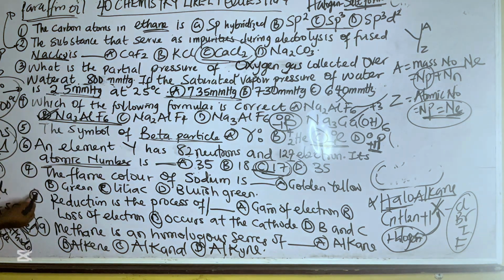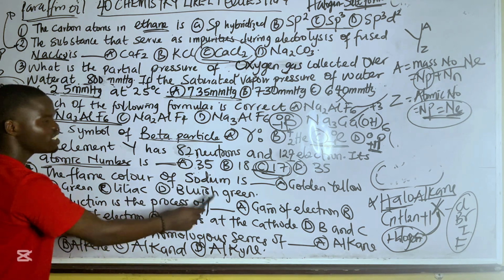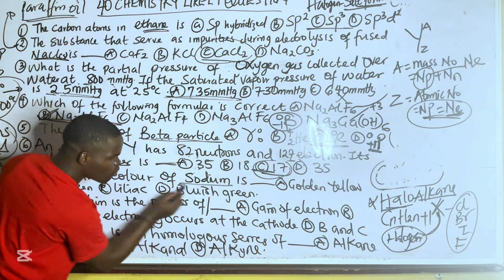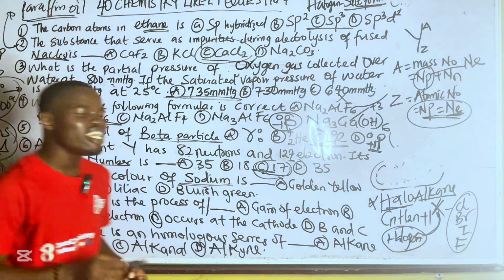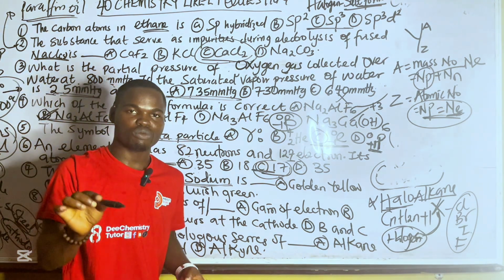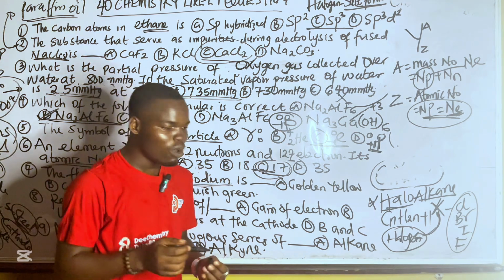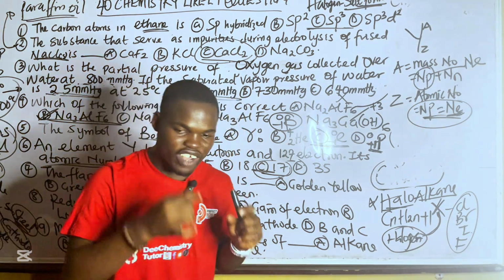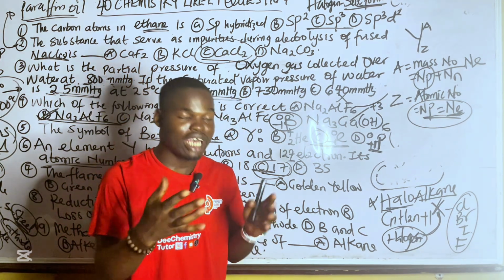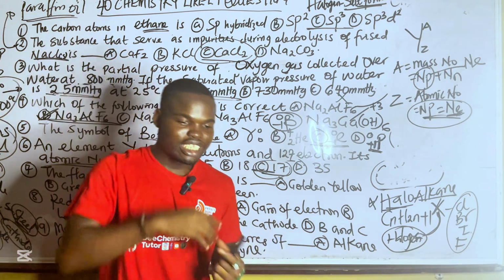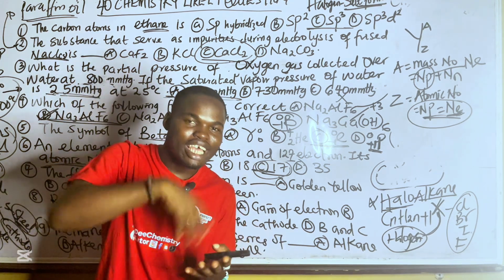Now, this is under metals and their compounds. Flame test. The flame color of sodium is dash. Sodium burns with a golden yellow flame. You find a compound that has sodium, like sodium chloride, and it is dipped in HCl.